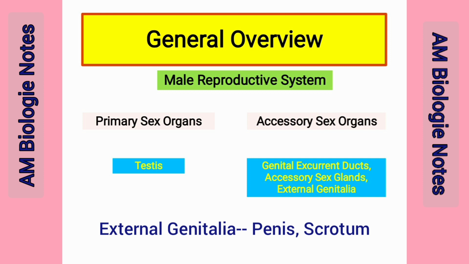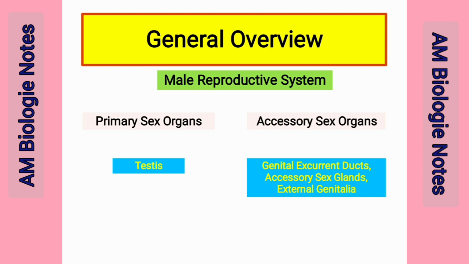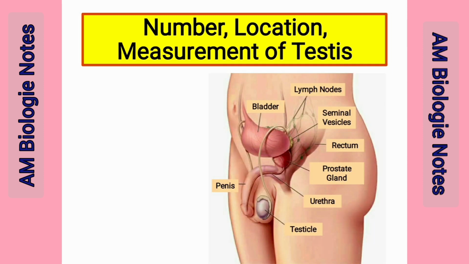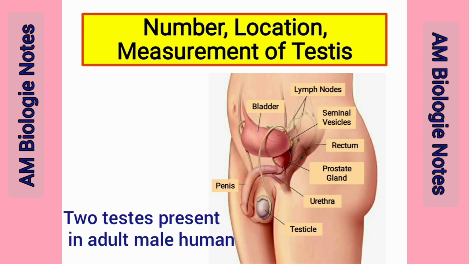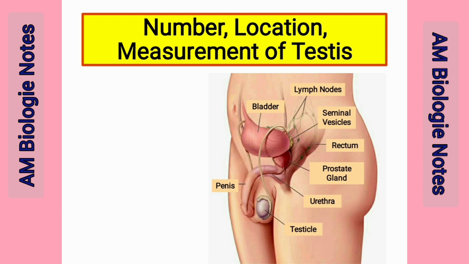So, in this video, I will discuss the anatomical and histological structure of the main primary sex organs, the testes. In an adult male human, there are two testes. The testes are oval in shape.